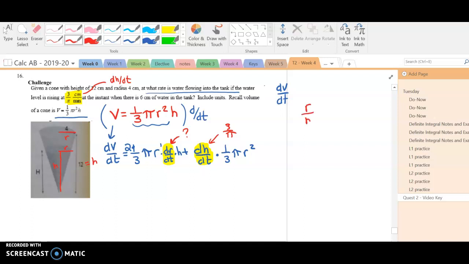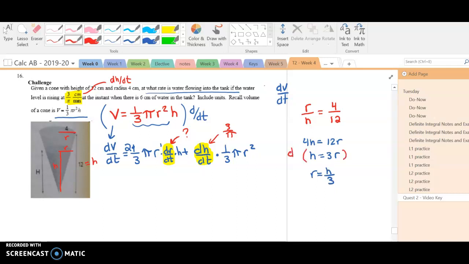R goes to h as 4 goes to 12, or 4h goes to 12r, or really h is equal to 3 times r, or r is equal to h over 3. Either one of these can be used.